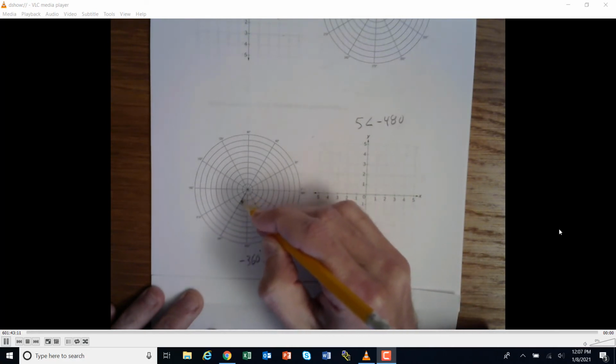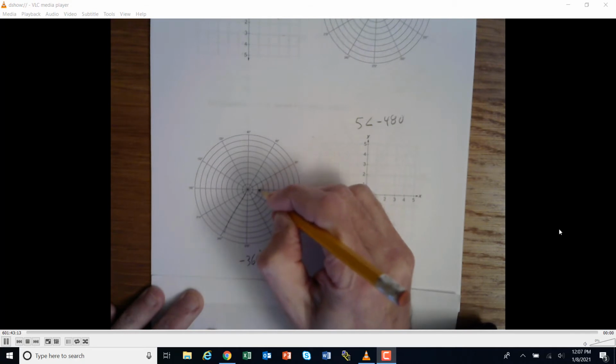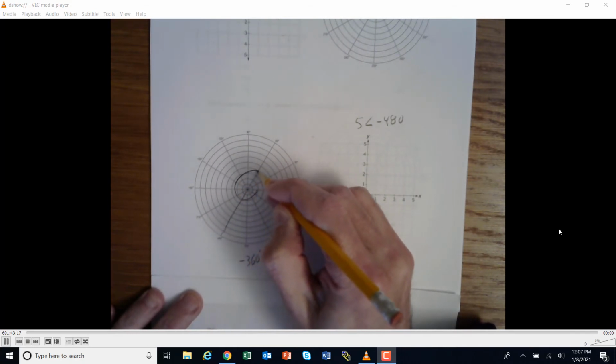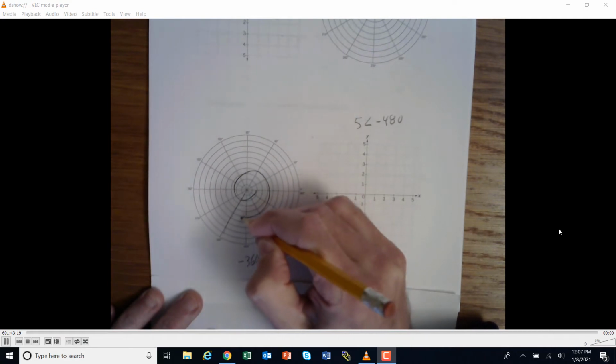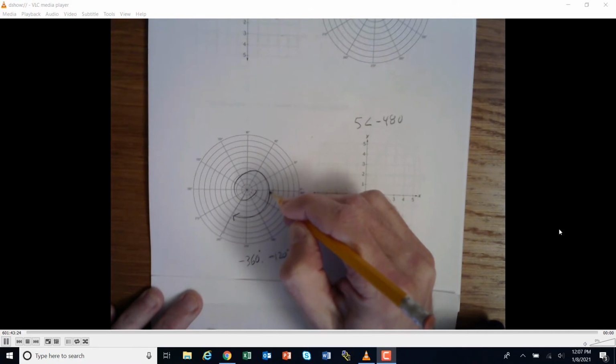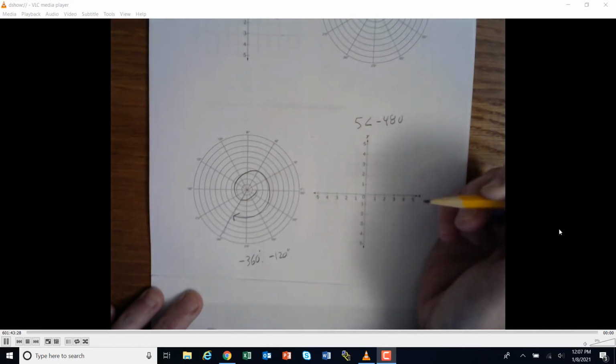I'm actually going to end up on this line here, but we'd be talking about going all the way around once, and then coming around to here, okay? Because we have to do a full negative 360, and then we have to add 30, 60, 90, 120 more, all right?